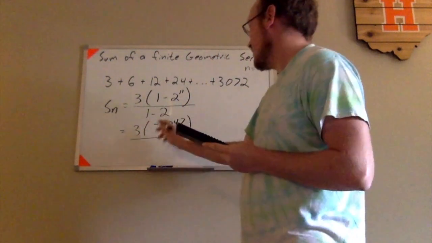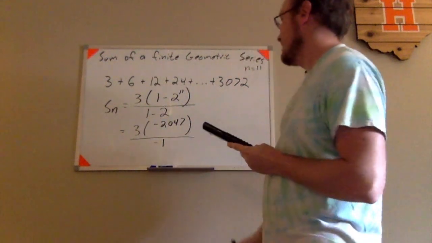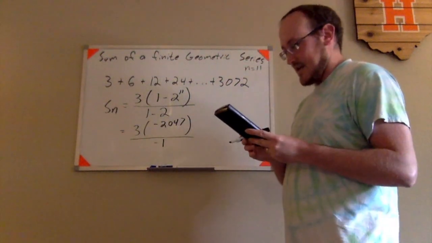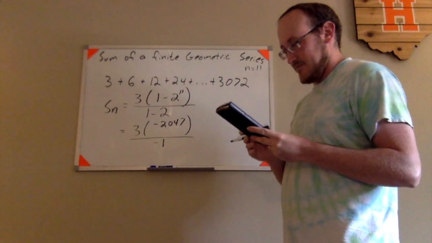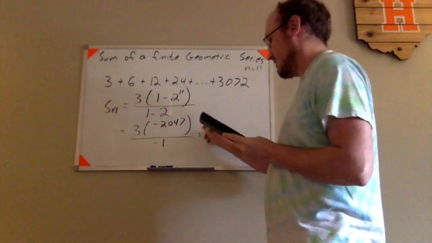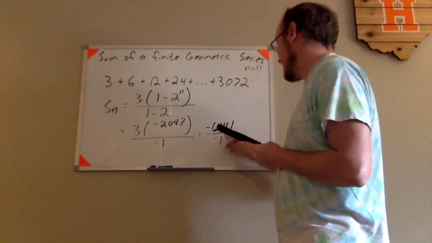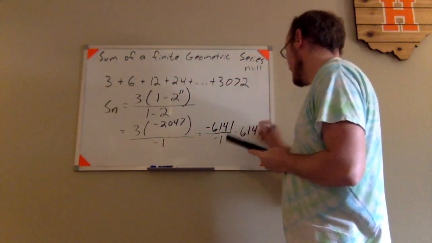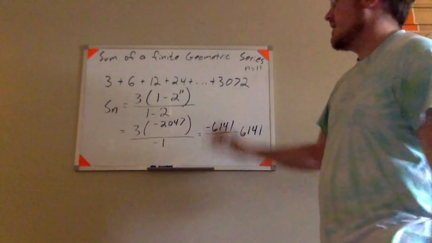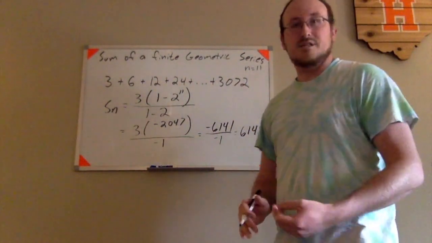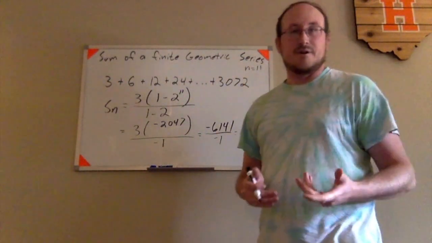All divided by 1 minus 2, which is negative 1. So I have 3 times negative 2047, which is negative 6141, divided by negative 1, which is 6,141. So the sum of this finite geometric series should be 6,141.